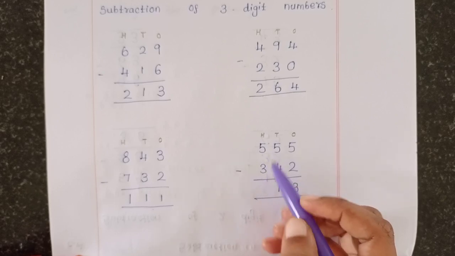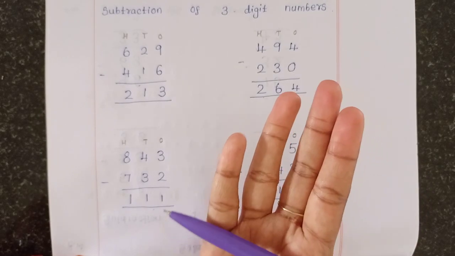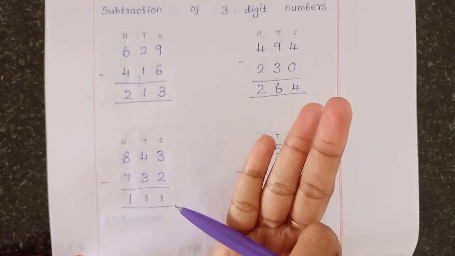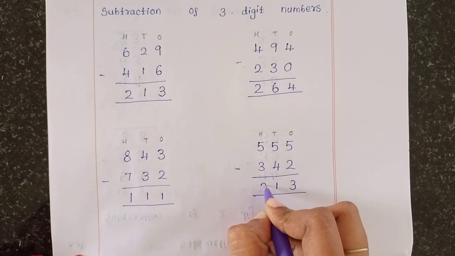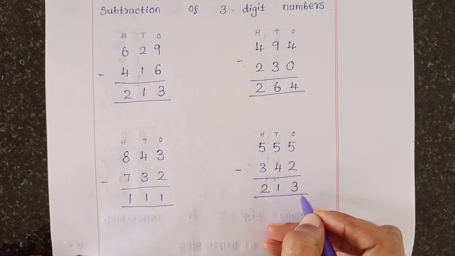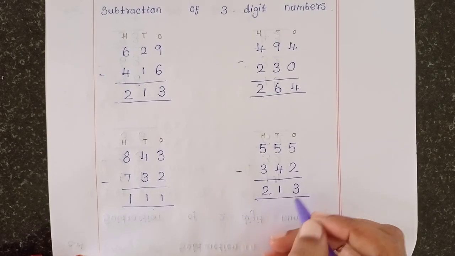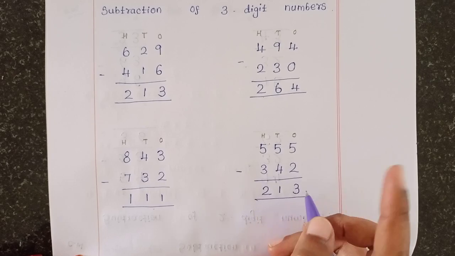All of you take 5 fingers. Then you subtract 3, remaining you have 2. So the answer is 213. Do you understand?